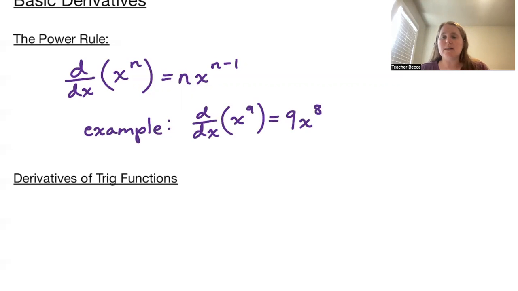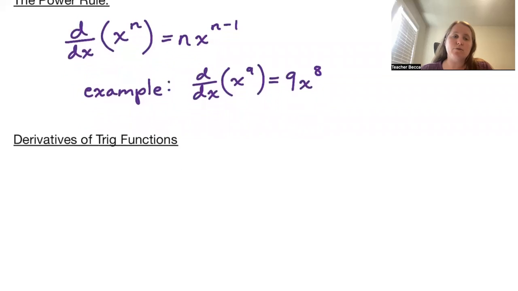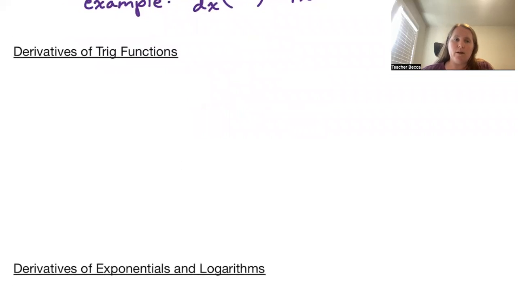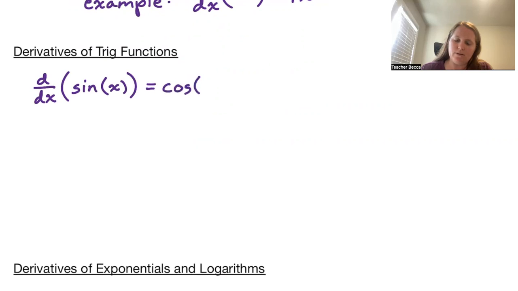Next up, we'll go ahead and take a look at our derivatives of trig functions. So we have our 6 main trig functions. The derivative of sine of x is just cosine of x.